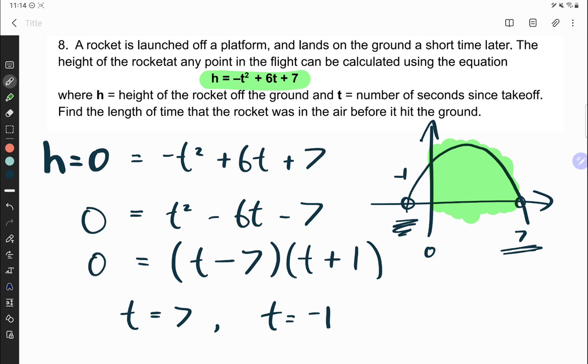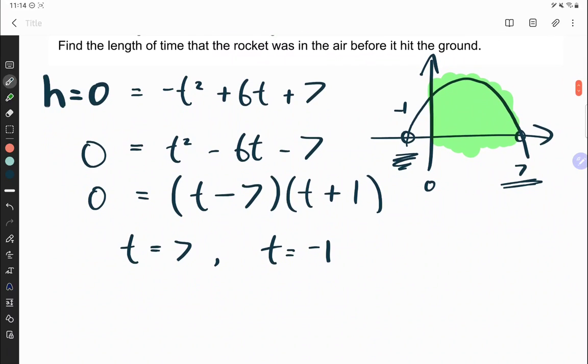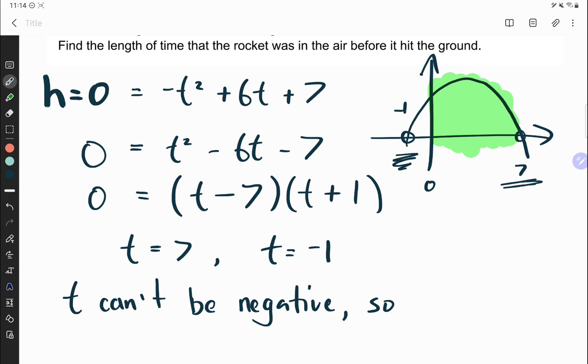But anyway, having figured that out, that's side talk, but back to our main question. We know t cannot be negative, so t equals 7 seconds.